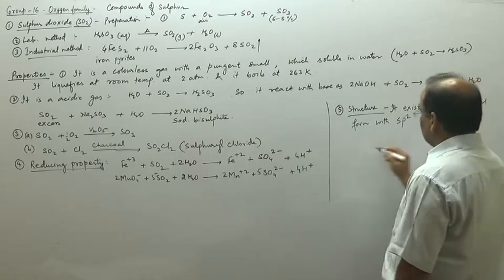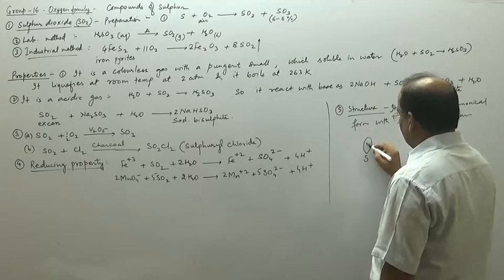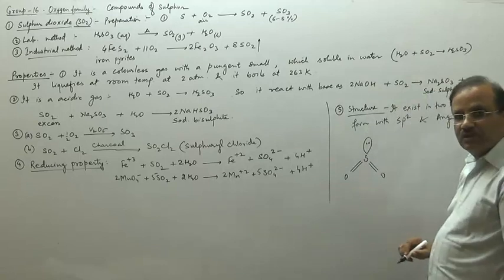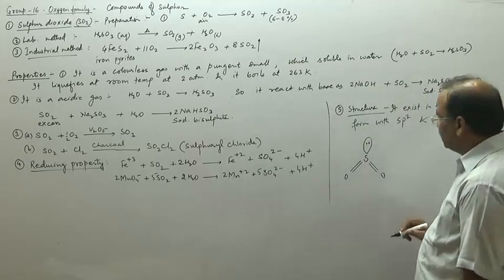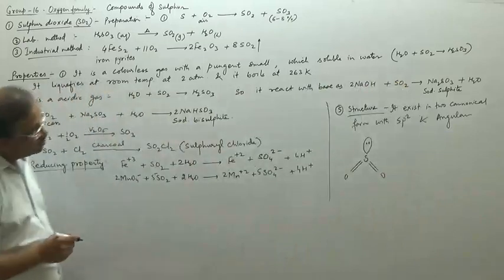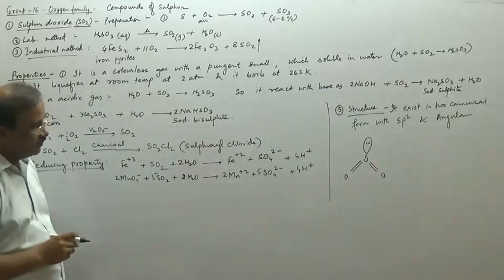The angular shape is like this: sulfur having a lone pair, with a double bond to O and a double bond to O. So sulfur dioxide exists like this.